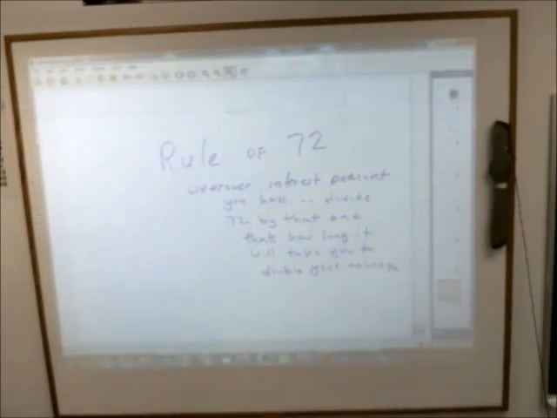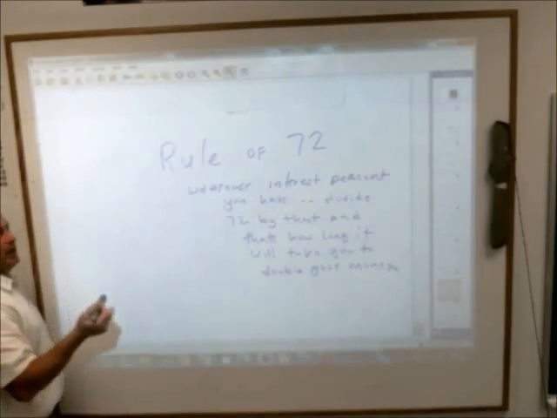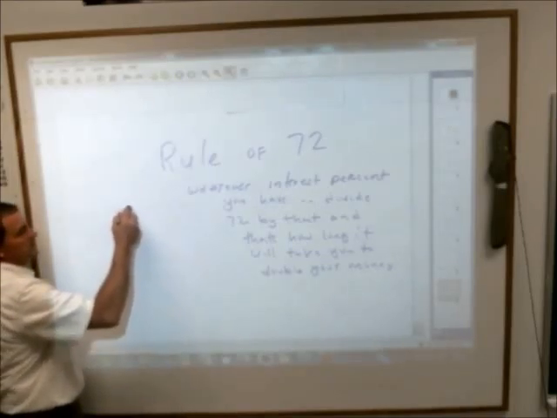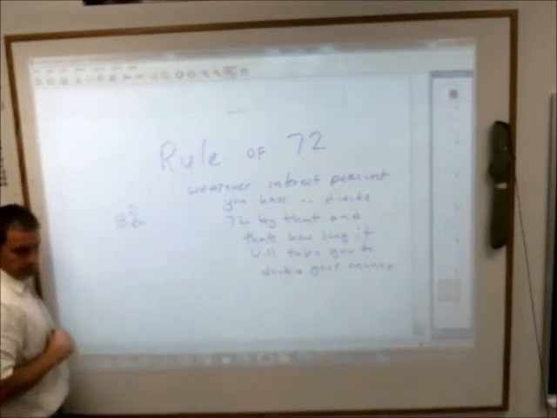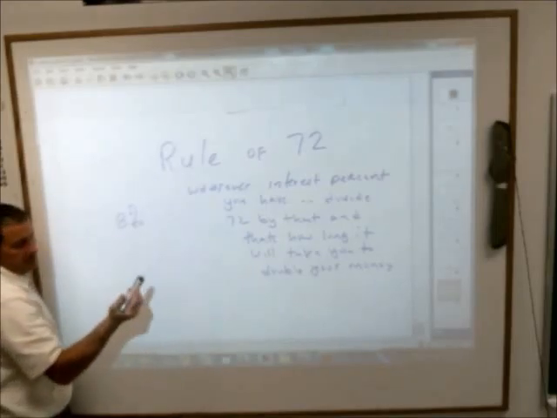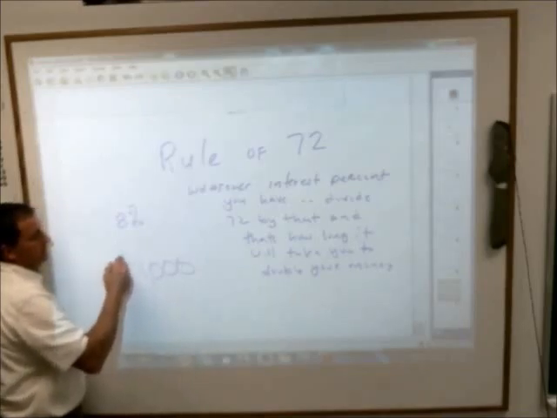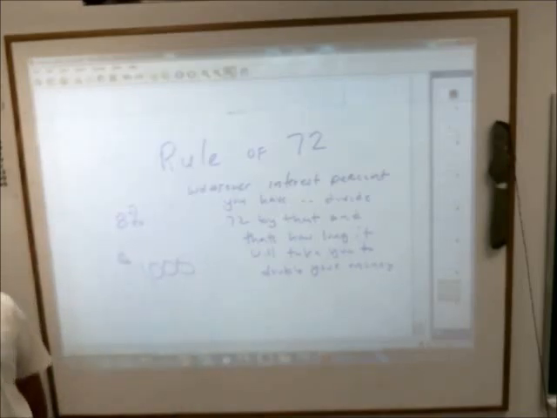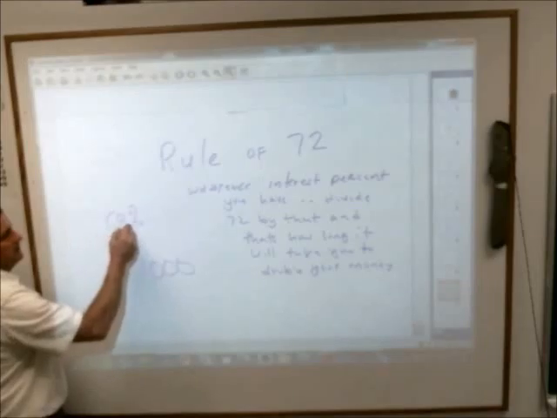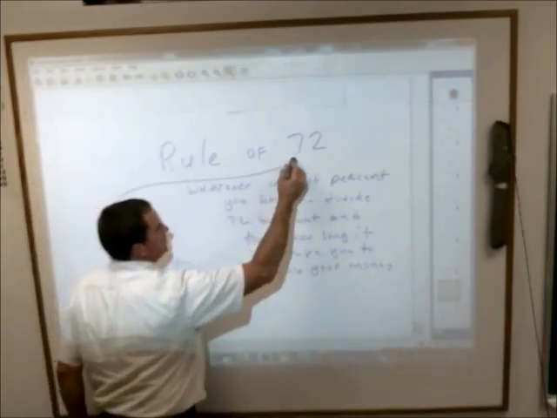We'll talk a little bit about that. Because those of you that go out into the financial world, which just about everybody does at some point, will need to understand this. In other words, this, okay? If you go out and you get 8% interest on your money, let's say you just do $1,000. If you do $1,000 at 8% interest, you take the percent, divide it into 72.